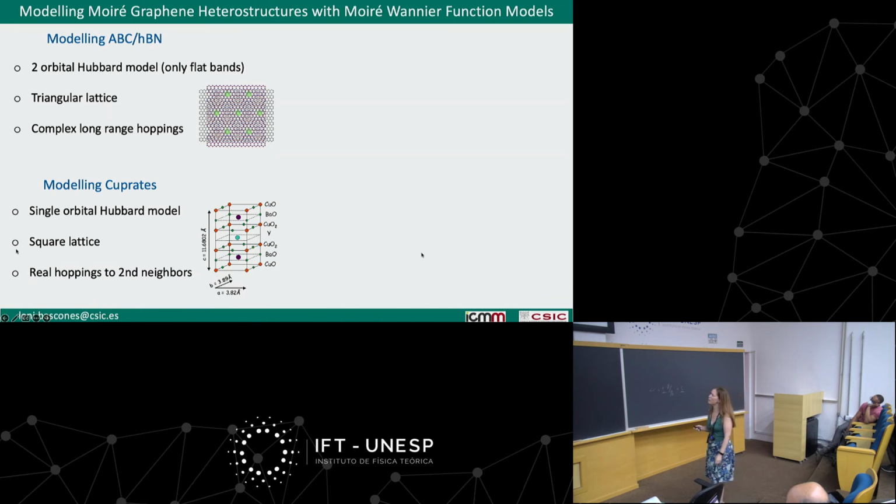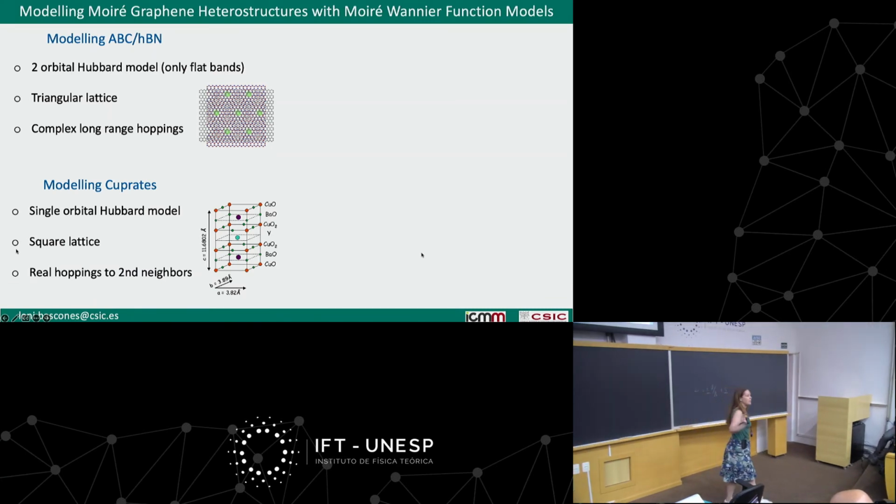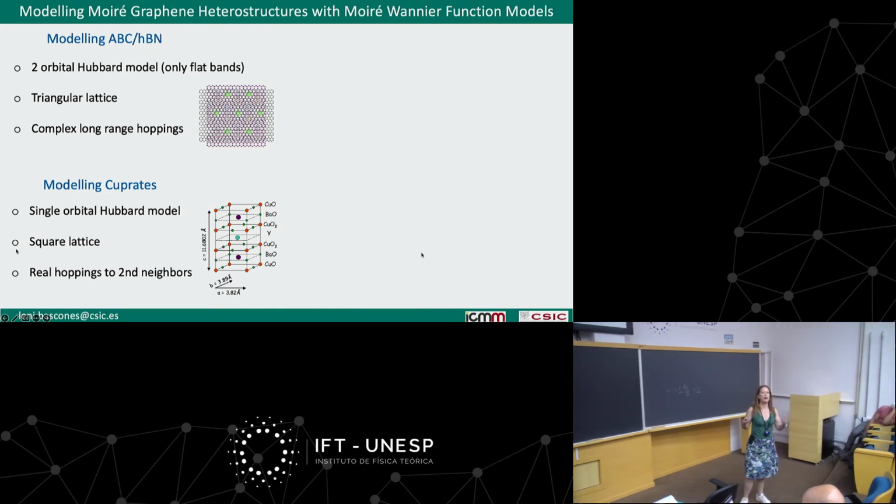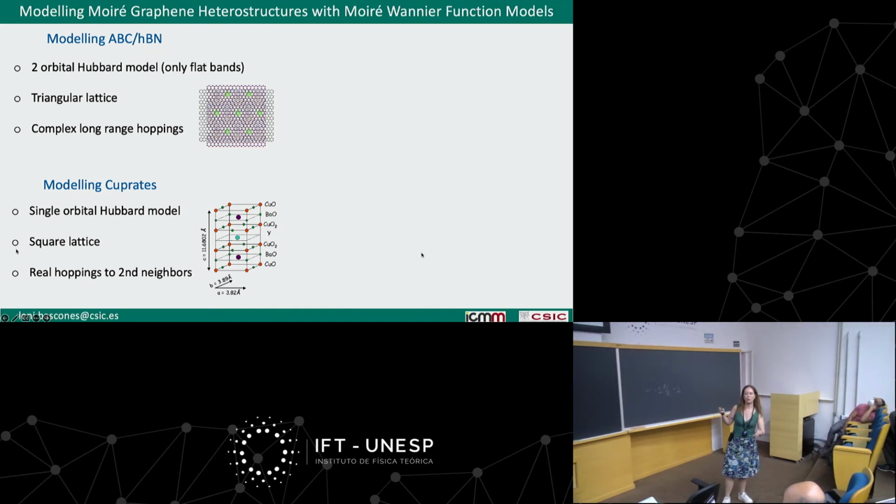So just the last word that I'm going to say. At the beginning, I was telling you that the twisted bilayer graphene was compared at the beginning with the cuprates. For those of you who are used to Mott physics, you have seen that the properties that I was discussing have been found in some other Mott systems.